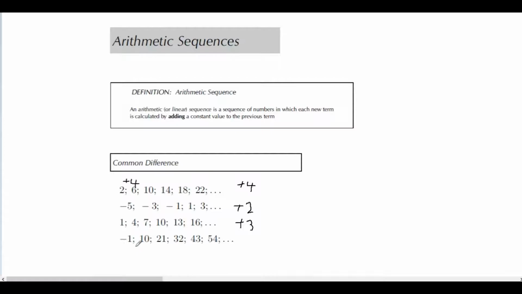And the last one over here, we have minus 1 and 10, so that would be 11. We add 11 to minus 1, we get 10. Add 11 to 10, we get 21. So that would be plus 11. So this is how we recognize a sequence as being arithmetic.